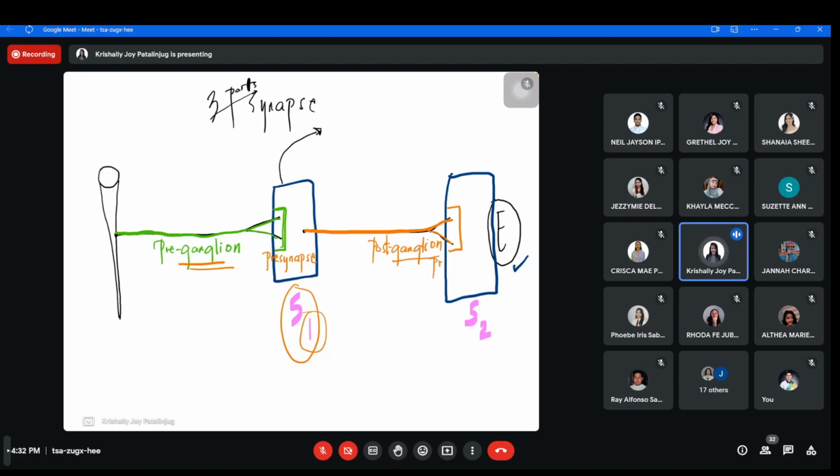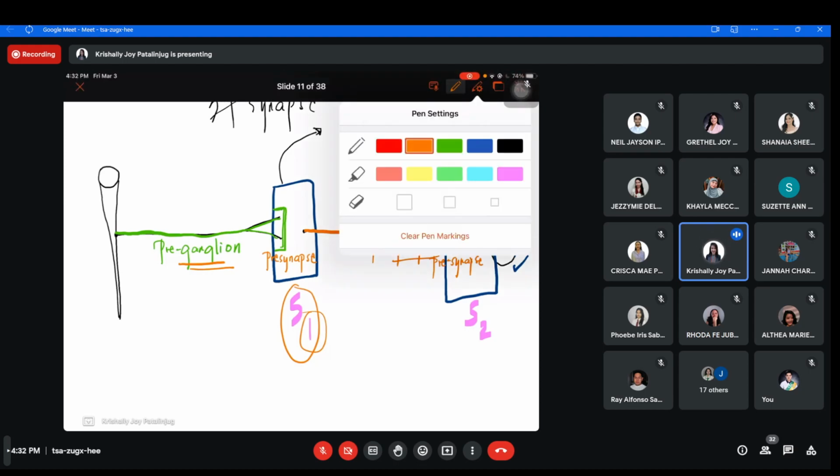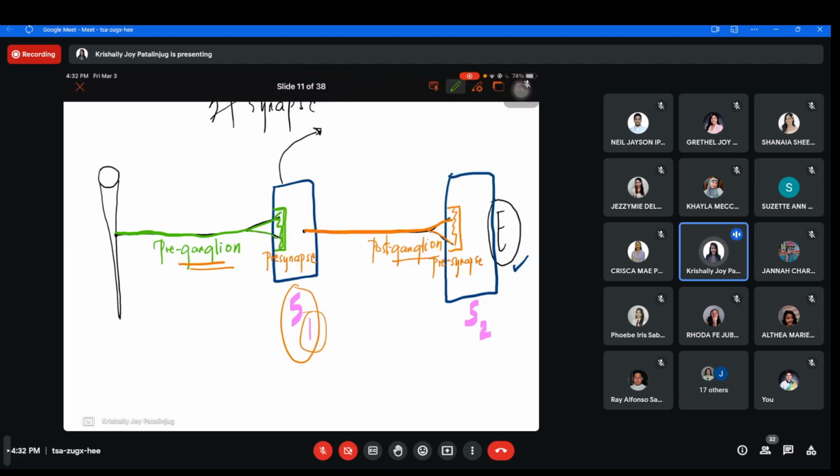Recall that the presynapse, this portion, is where the SSR happens. Let us write it: the presynapse, based on our initial lecture, SSR happens there. SSR of neurotransmitter, synthesis, storage, and release.